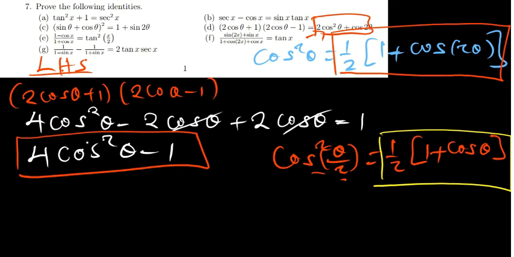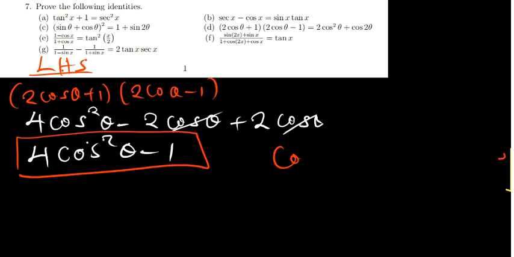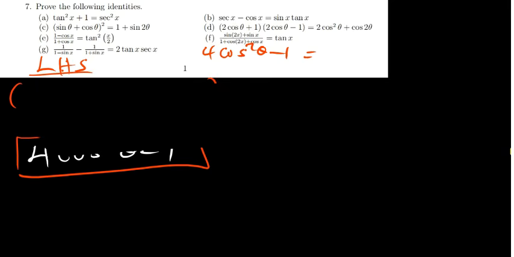Okay, so now I have these identities. Let me just get rid of everything here. So we are saying I've just expanded this part D, which is the left hand side. Now I have 4 cos squared theta minus 1. So this is equal to that. Now I want to prove, I'll now get the right hand side, sorry.